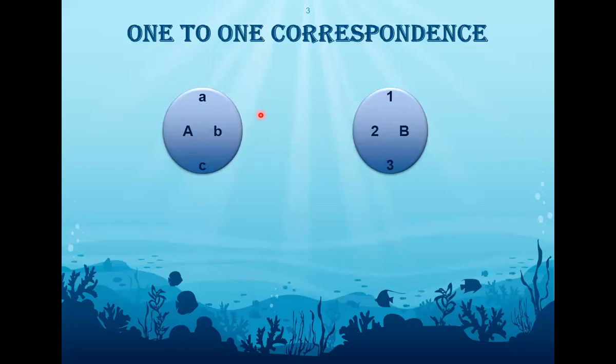But as you can see here, the number of elements is equal. Here you have this one, then this one, and this one. So the number of elements is equal, which means you can establish a one-to-one correspondence. One-to-one correspondence means equal in number.